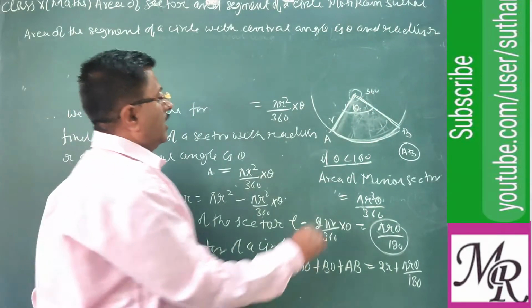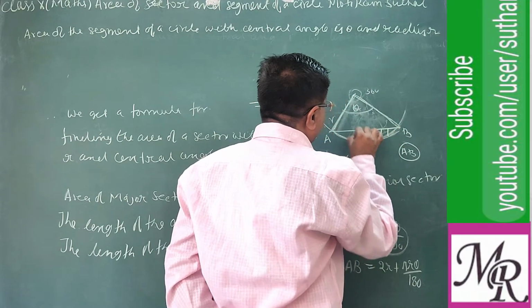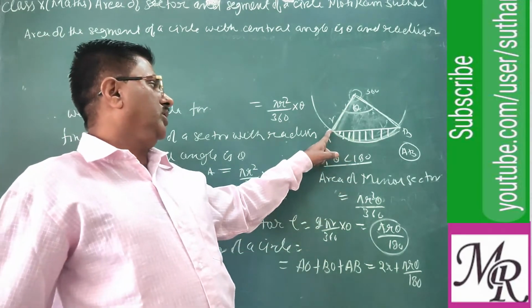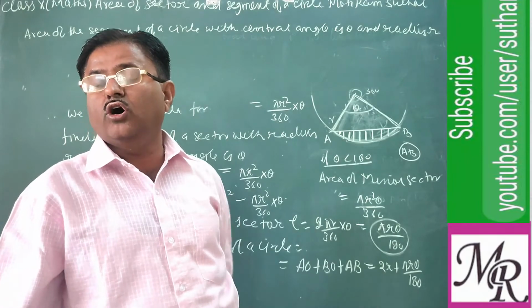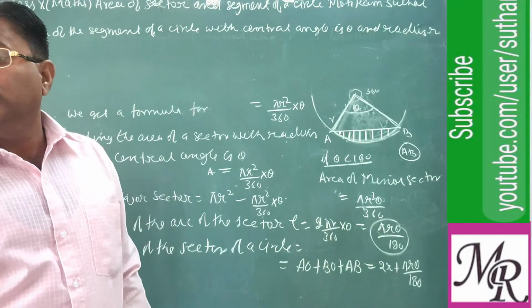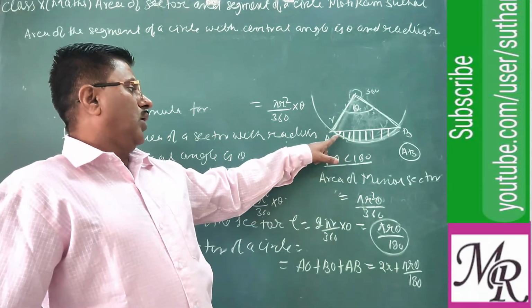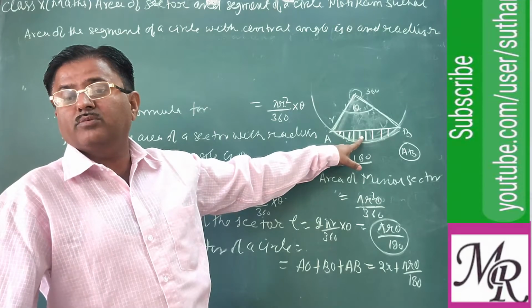Suppose we ask, what is the area of this segment? This is the segment we have already defined. The region between the chord and corresponding arc is known as a segment. So now the natural question is, what is the area of this region? That is the area of the segment.